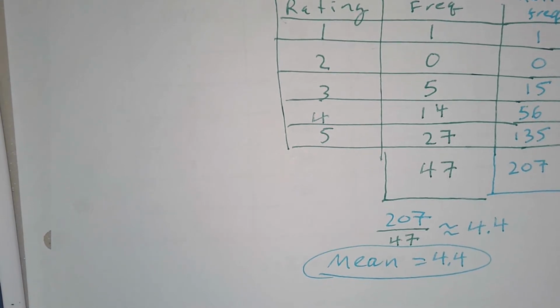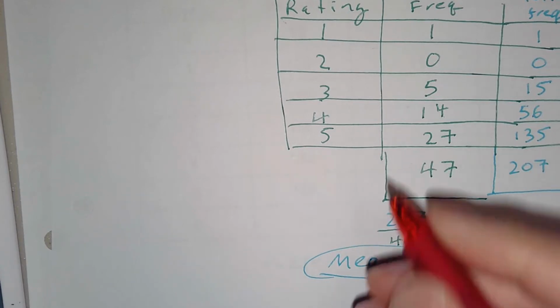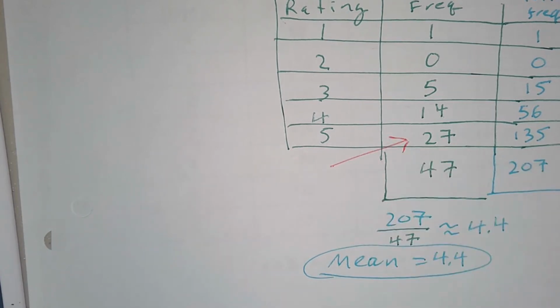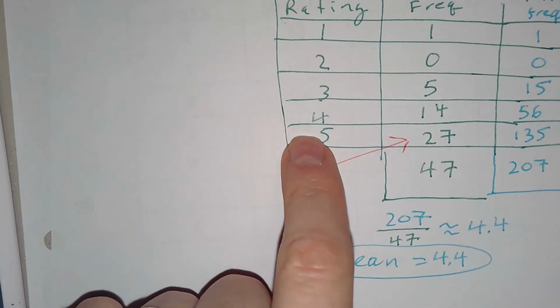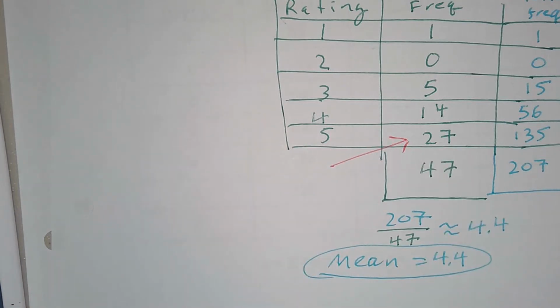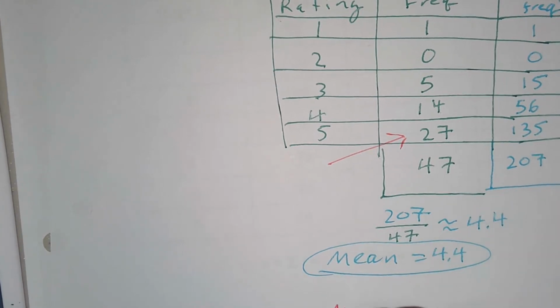Well, mode's easy. We have 27 fives. Now, 27 is not the mode, it's the number 5. There's 5, 5, 5, 5, 27 of those. So the mode here is 5.